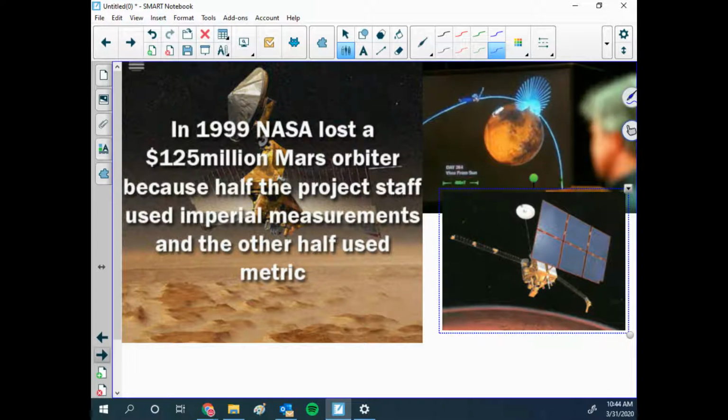They build this, they launch it, and when it goes to orbit Mars, rather than orbiting around Mars, it gets sucked into Mars's atmosphere and crashes. So they lose the whole $125 million project. That's just one of the many examples of why we have to make sure we know what unit system we are dealing with.